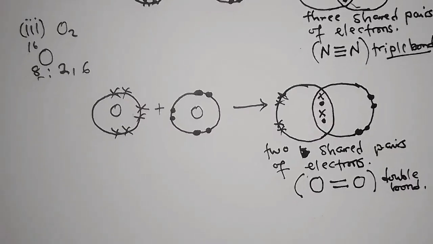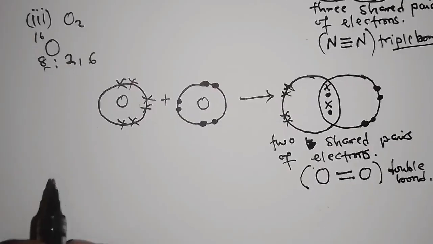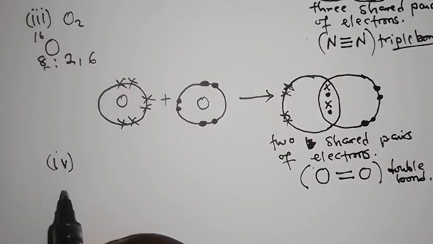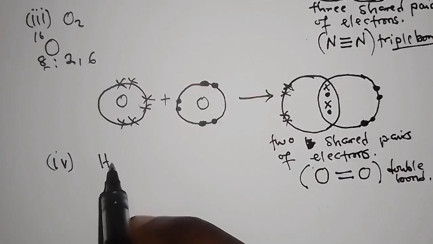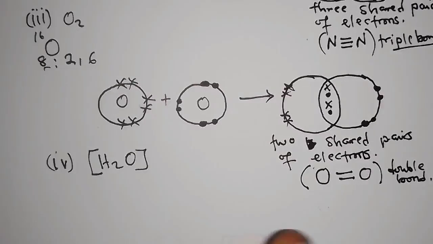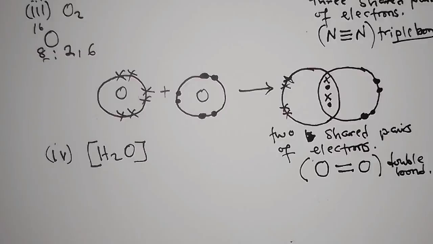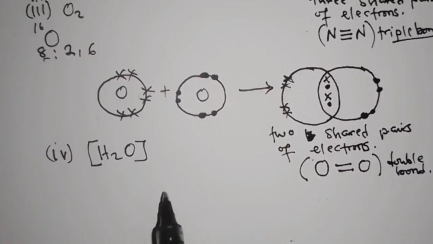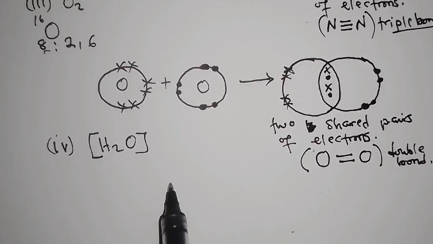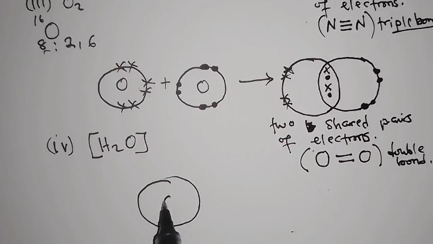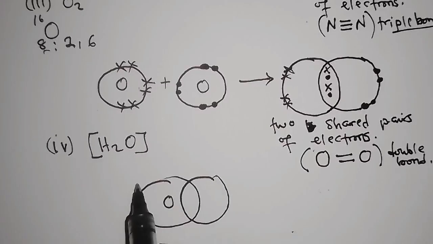I'm going to give you a homework task, a challenge to do. On the fourth one, just do the one for water. You have to be careful because we have two hydrogen and one oxygen. To give you a clue, you're going to have a single oxygen at the center, bonded by two hydrogen.